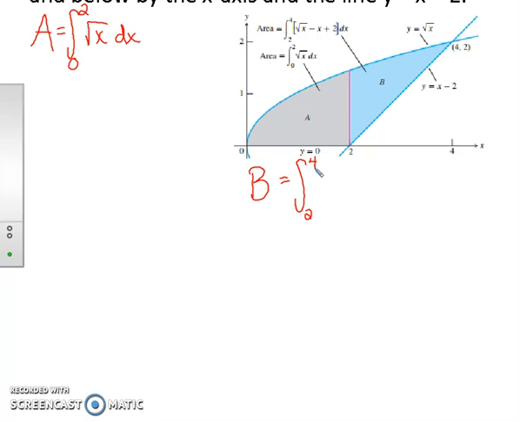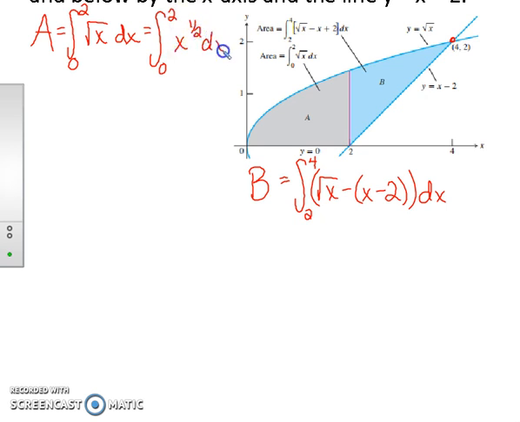We know that it's 4 because they marked it on the graph for us, of the square root of x minus (x minus 2). So what we're going to have to do to find the entire region is to break that up. We have to find the area of region A and then the area of region B, and then we'll put them together. So for A, I'm going to rewrite that as x to the 1/2.